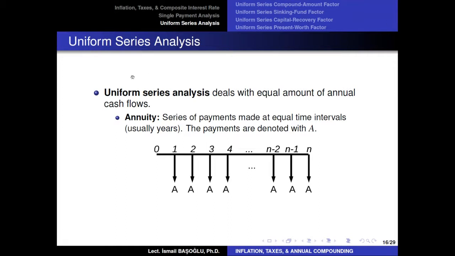Okay, so what is a uniform series? A uniform series is basically an equal amount of annual cash flows. Remember, we have told previously, until a certain chapter of this course, we are just going to assume that every transaction is made at the end of the years. So the period of our problems for a while are just going to be years.